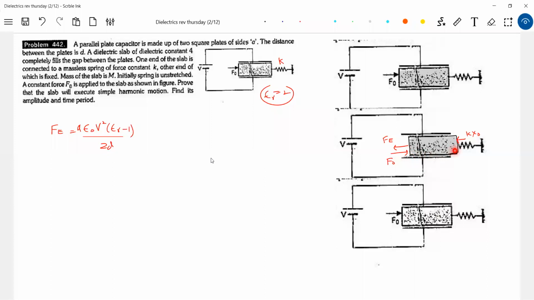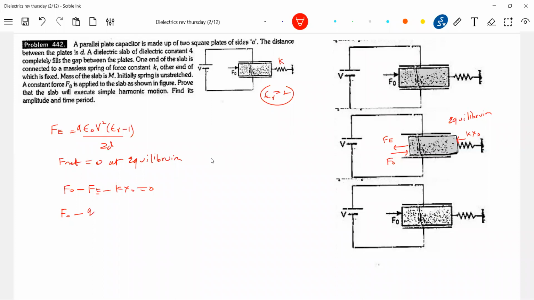Okay, now what will happen? There's an equilibrium, so I'll write it. So what is for equilibrium? Net force must be 0 at equilibrium. So what are the net forces now? F naught minus Fe minus Kx naught equal to 0. F naught is given.